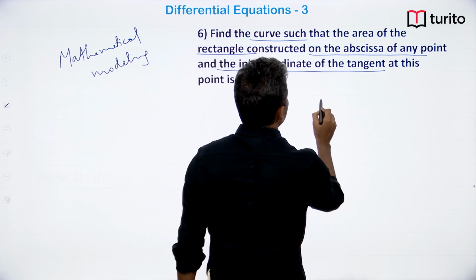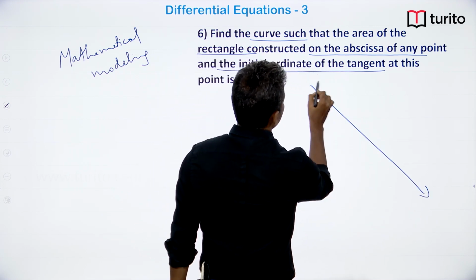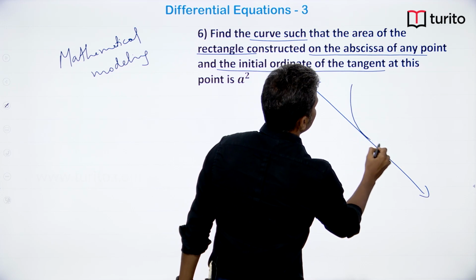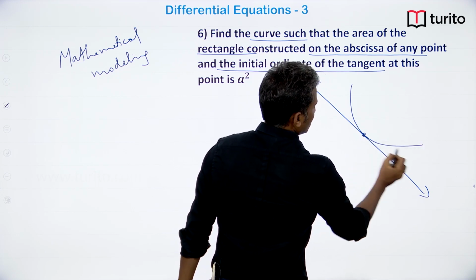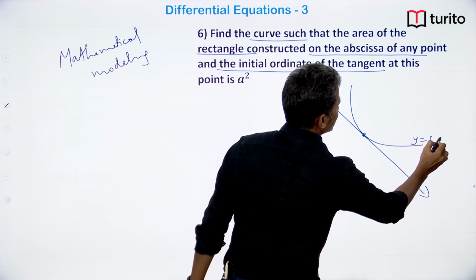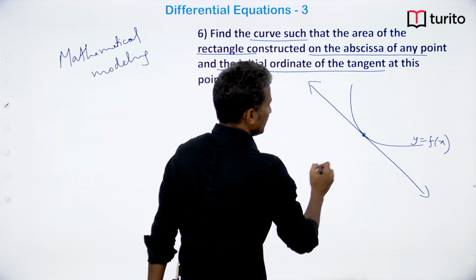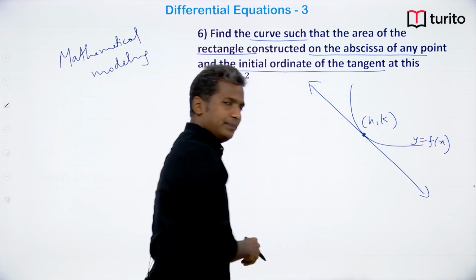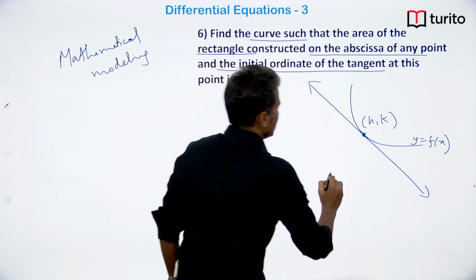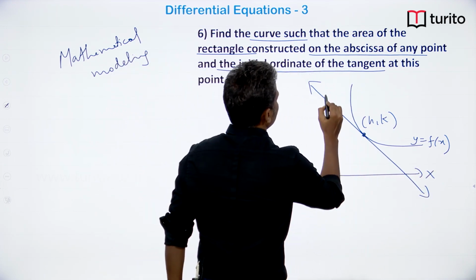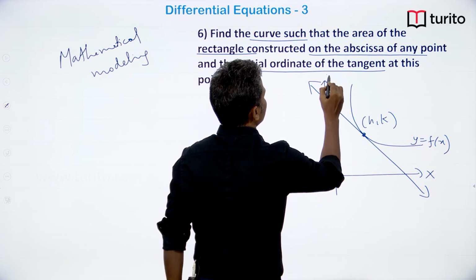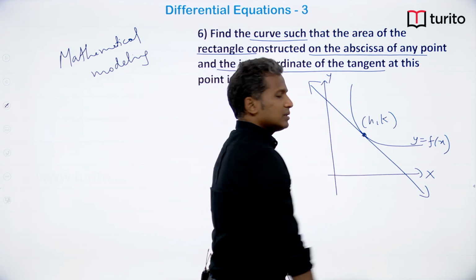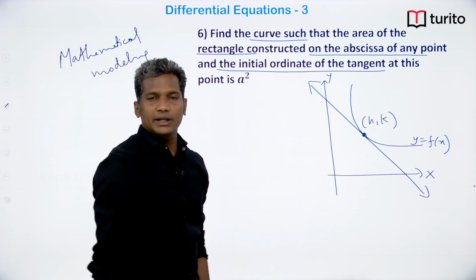So that means, let us say if this is my tangent and let us say this is my curve, I take this curve as y equal to f of x and the point as let us say h comma k. Now there is x axis here, there is let us say y axis here. What is the abscissa of this point?